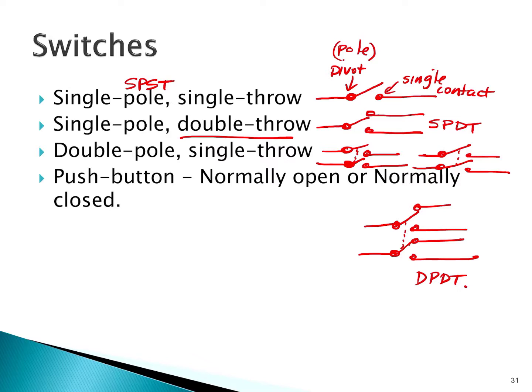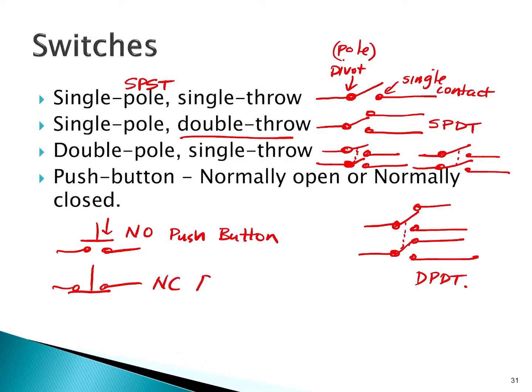Okay, push buttons then look like this. This would be a normally open push button, such that when you push on the button it becomes closed. And here would represent a normally closed push button.